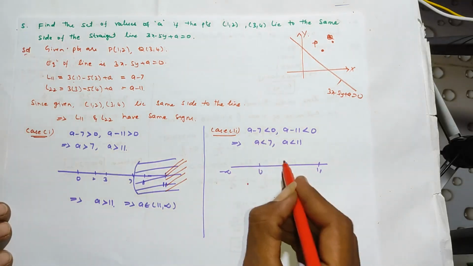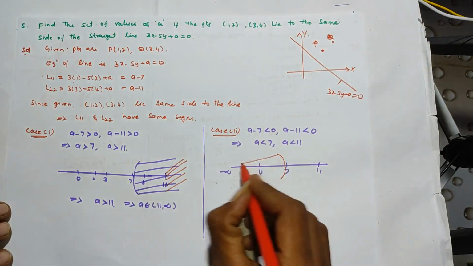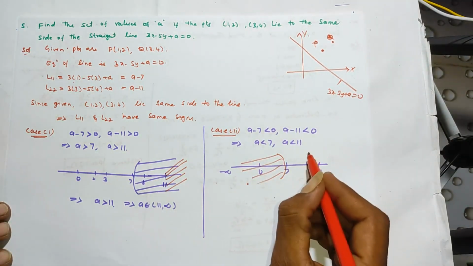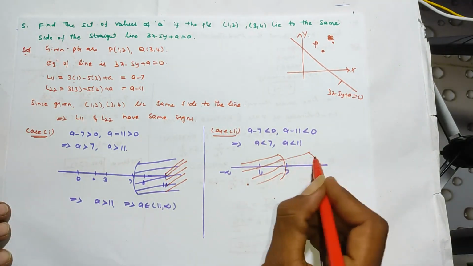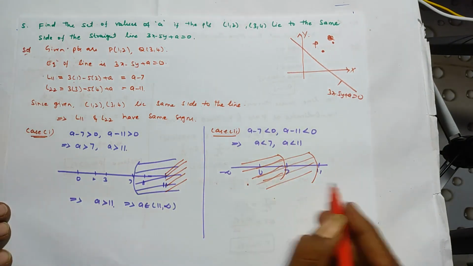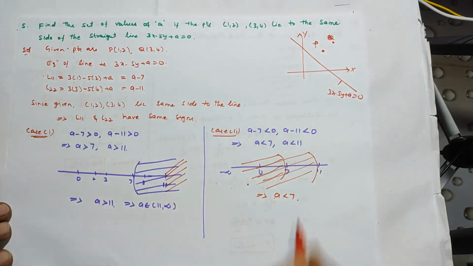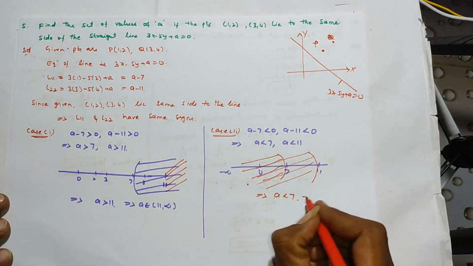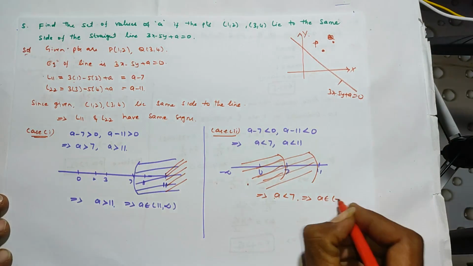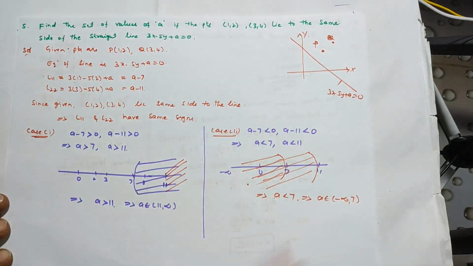First one is a less than 7, means from here. Second one is these values. So what is the common intersection point? a less than 7 is the intersection from both. Or it also can be written as a belongs to (minus infinity, 7).